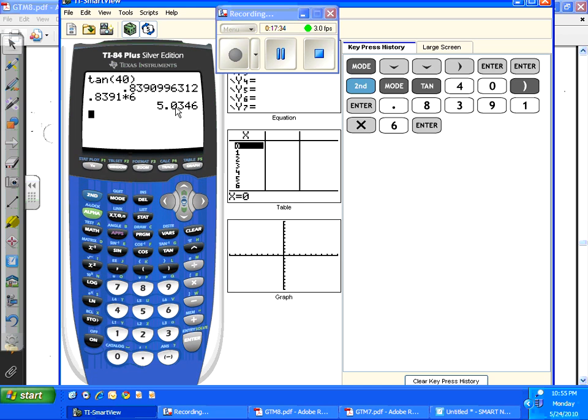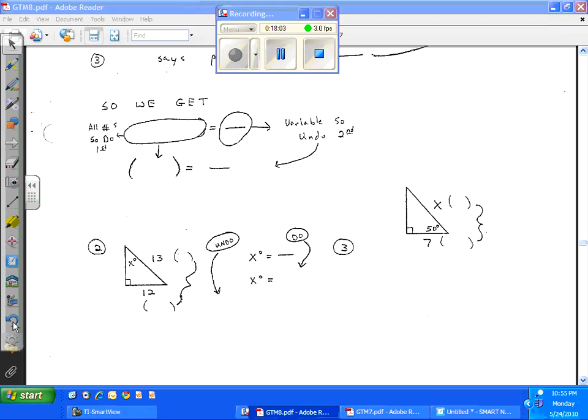Now I'm doing it this way because when we did the odd answers, we did it using a trigonometric table of values, which was rounded to 4 decimal places. So if our answers are going to match, then we need to round to 4 decimal places. 5.03 in the work up here, and then 2 decimal places in the final answer, 5.03.